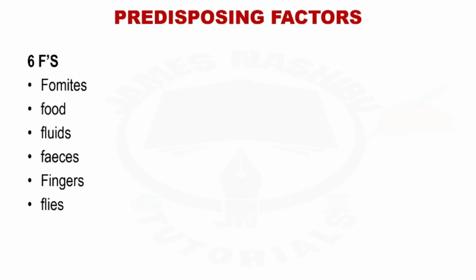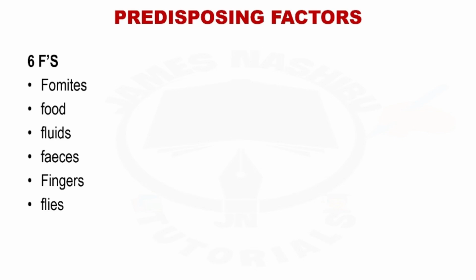And also food. Eating contaminated food can also be a predisposing factor. Any food that is contaminated with a bacteria or a protozoa can also bring about dysentery. Also fluids, we are talking of water, drinking water that is contaminated with maybe the Entamoeba histolytica, or water contaminated with Shigella, because those are the causative organisms.